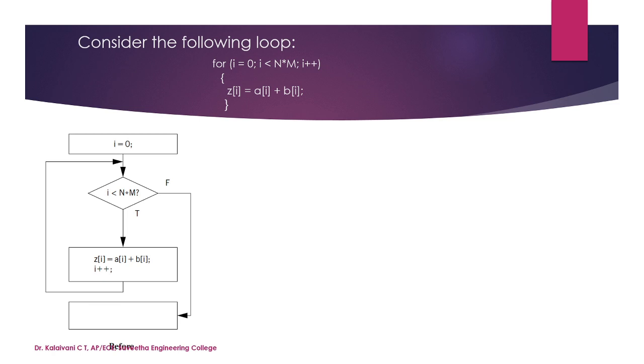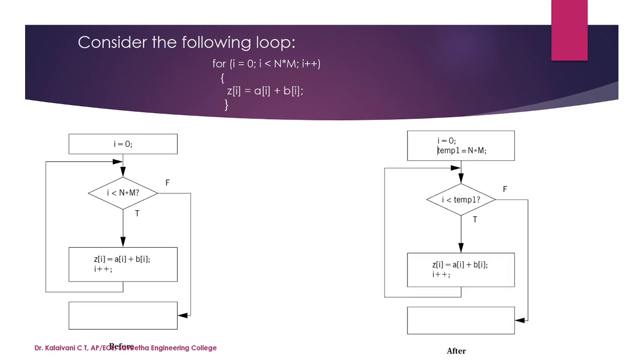So if you compute n into m beforehand as a temporary variable and compare with the temporary variable, then this multiplication need not be performed n into m minus 1 times. So we can save n into m minus 1 multiplications by replacing n into m with a temporary variable.